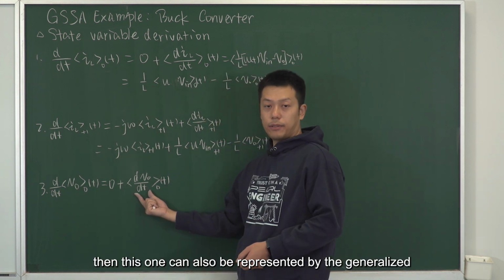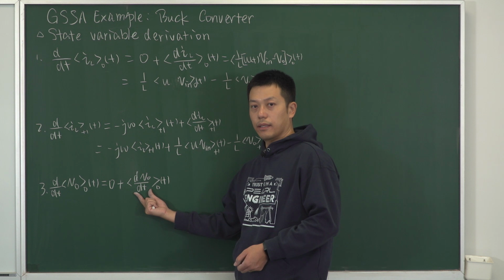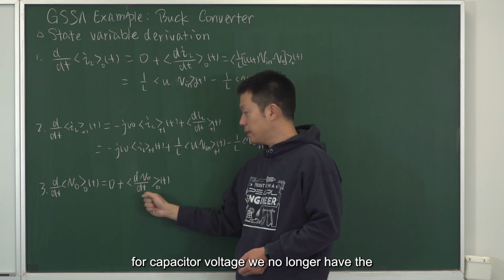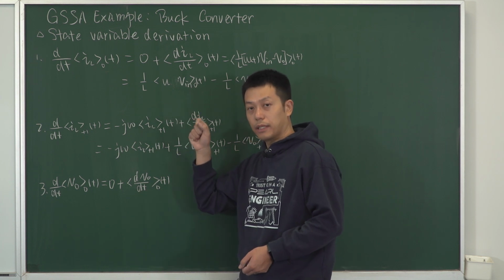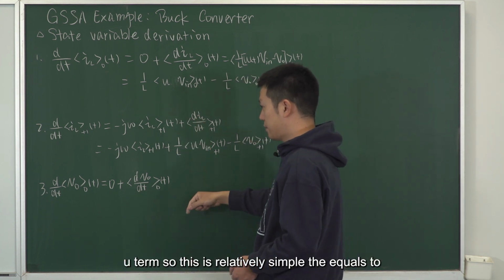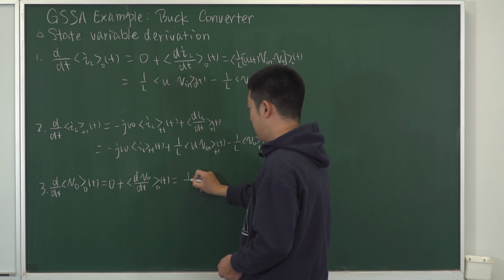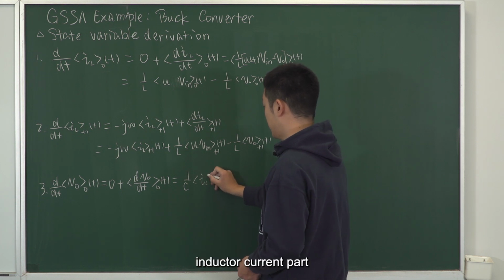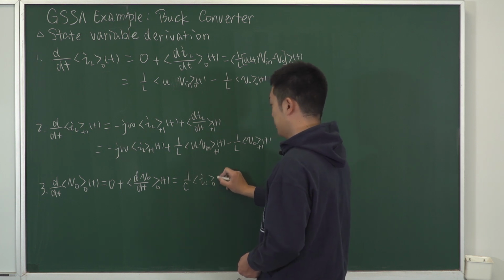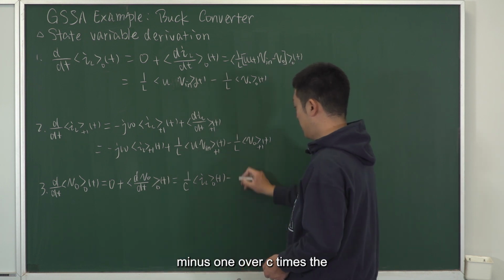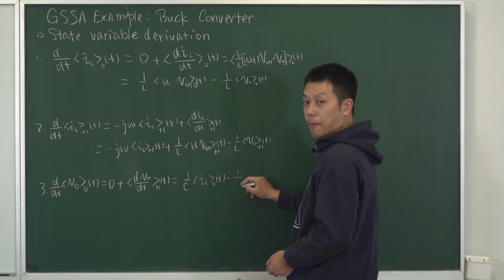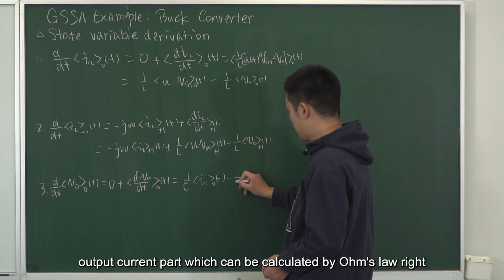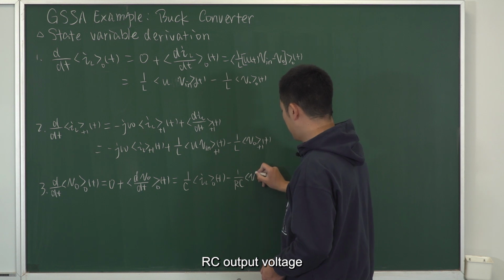Then this one can also be represented by the generalized expression by introducing the commutation function. But for the capacitor voltage, we no longer have the u term, right? So this is relatively simple. It equals 1 over C times the inductor current part, minus 1 over C times the output current part, which can be calculated by Ohm's law, right? So Vo over R.